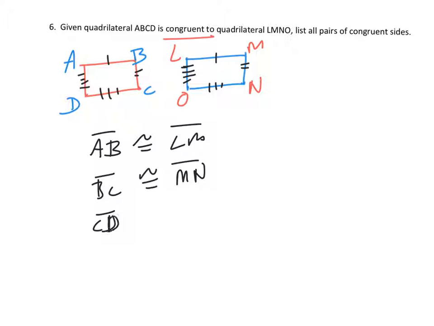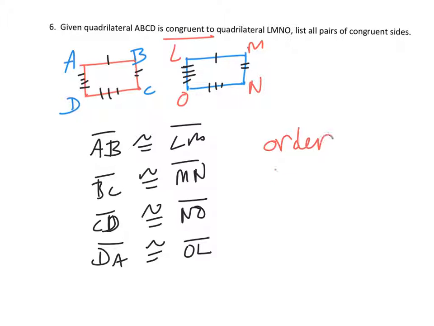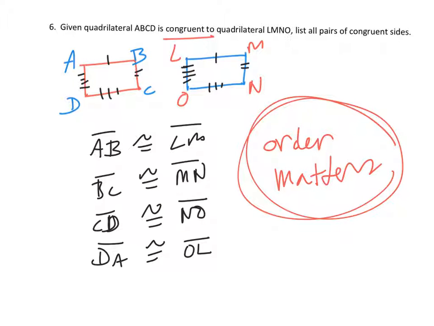CD, there we go, congruent with NO. And finally, DA, congruent with OL. Order matters. Okay? Alrighty. So you do the rest of the worksheet and then check it. I'll have the rest of them in the other answer key for you here in just a moment.